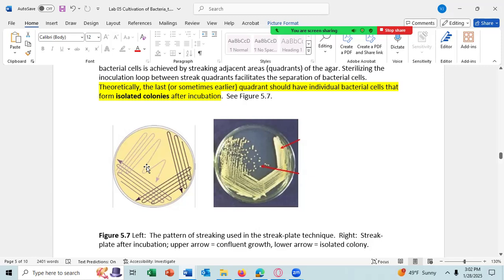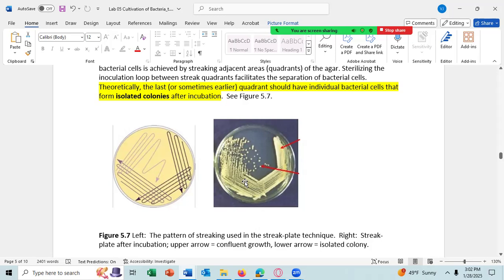And then 95% of the time or higher, you will have a pure culture. And yes, you can't ever quite say with 100% confidence you have a pure culture, but it'll be over 95% of the time. And that's good enough in microbiology.